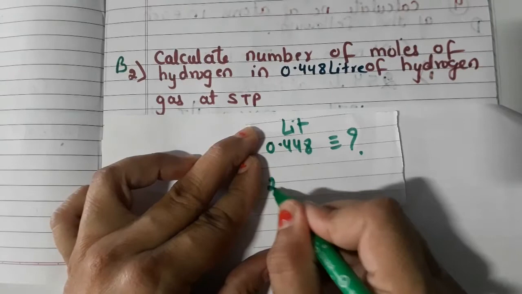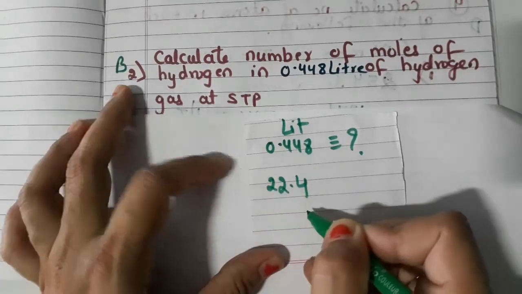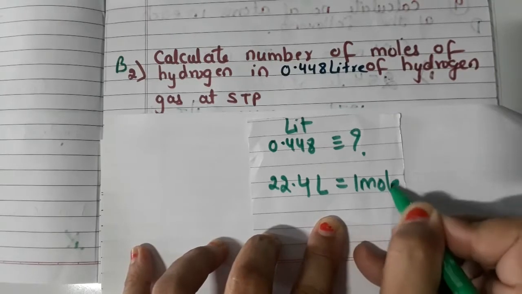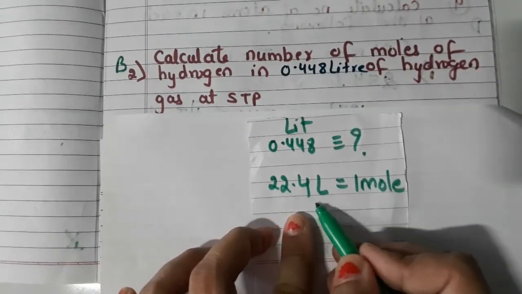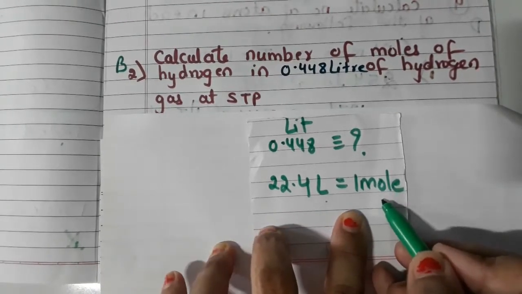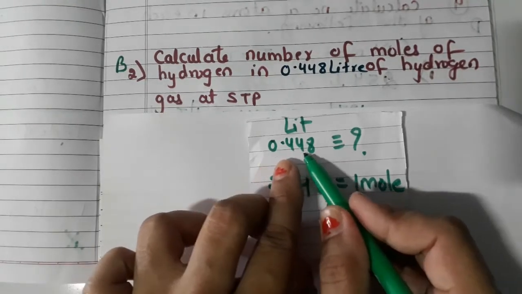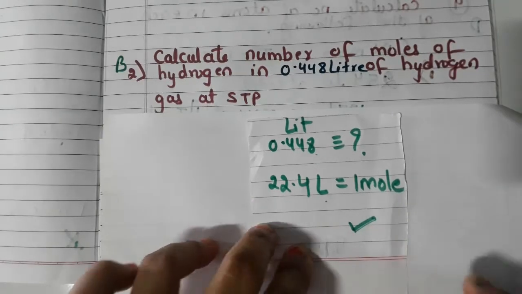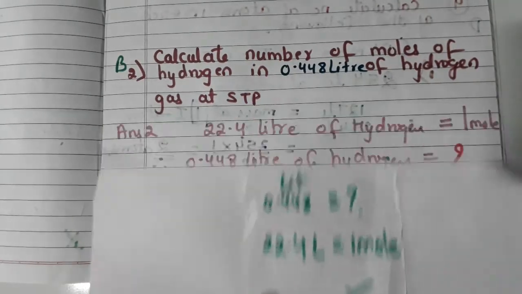Now students, we know that in 22.4 liters, 1 mole is present. So, if in 22.4 liters 1 mole is present, then in 0.448 liters, how many moles will be present? It is a very simple multiplication.